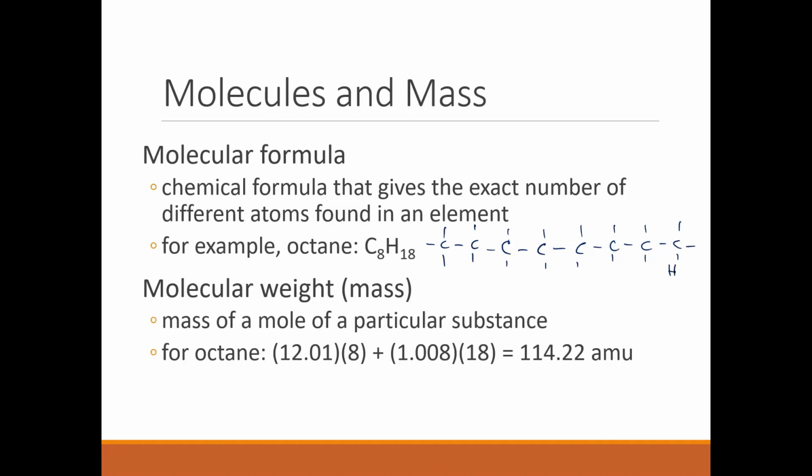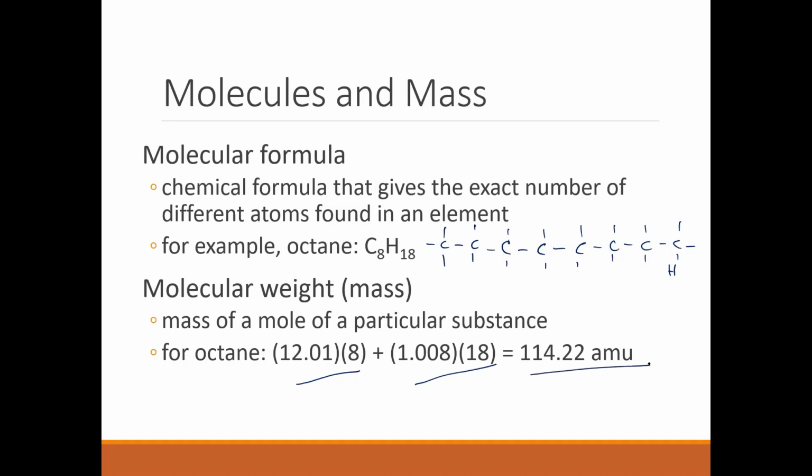The molecular mass is simply the mass of a mole of a particular substance. So for octane, we have 8 carbons and 18 hydrogens. The atomic mass of hydrogen is 1.008.